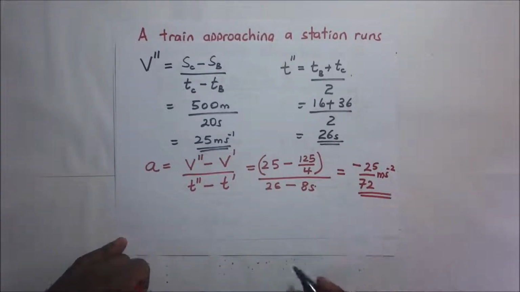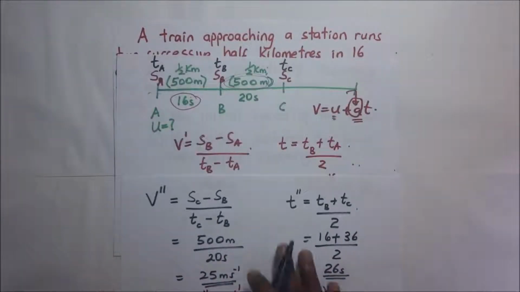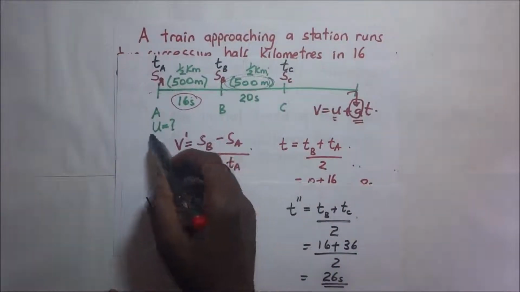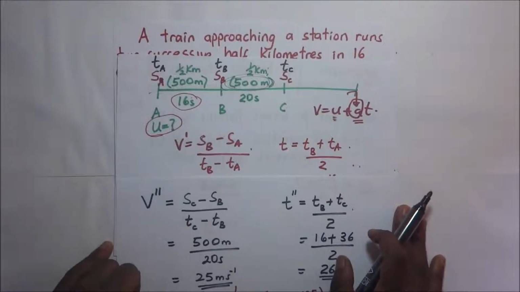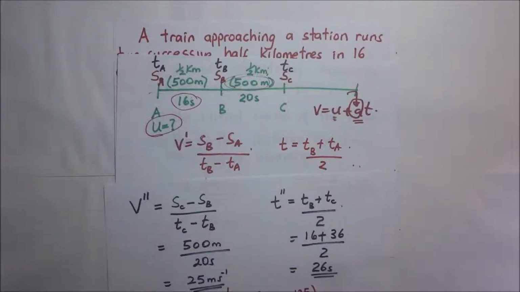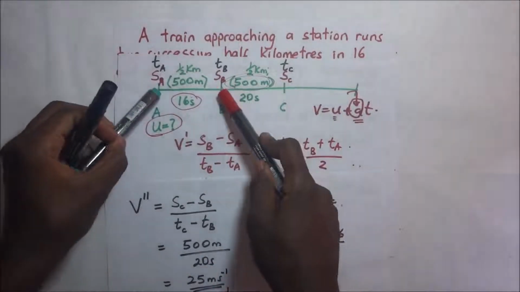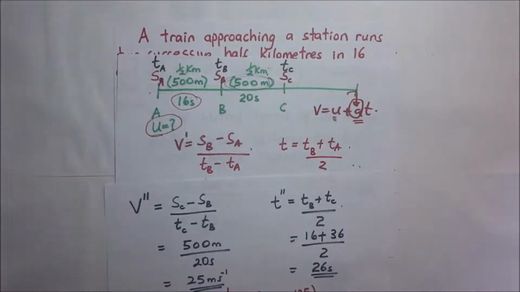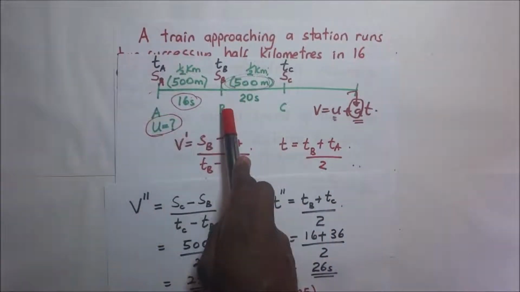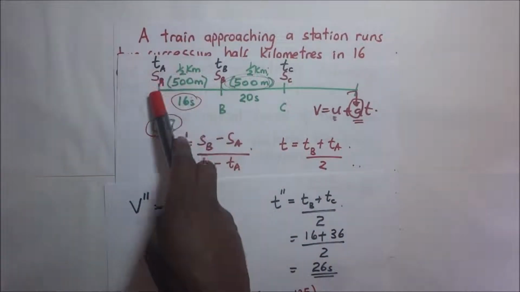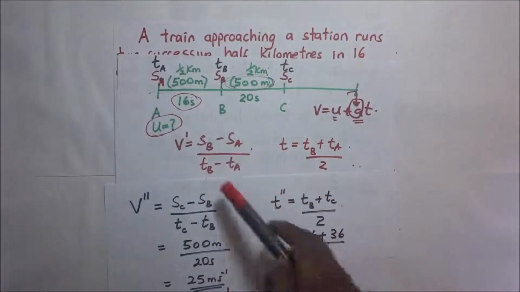Now that we have our value for acceleration, we can go ahead and find our value of u, the initial velocity, which is required of us to find in the question. To get our value of u, you're either going to concentrate on the first interval or the second interval. If we concentrate on the first interval, between A and B, and we use V is equal to U plus AT, what is going to be our answer?